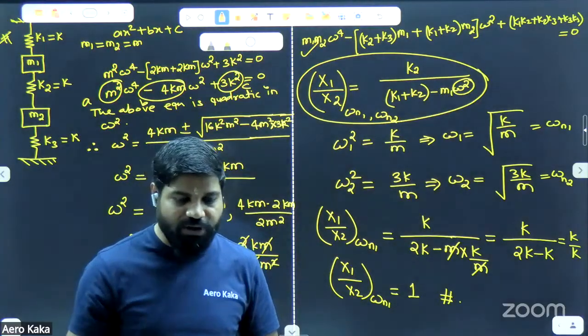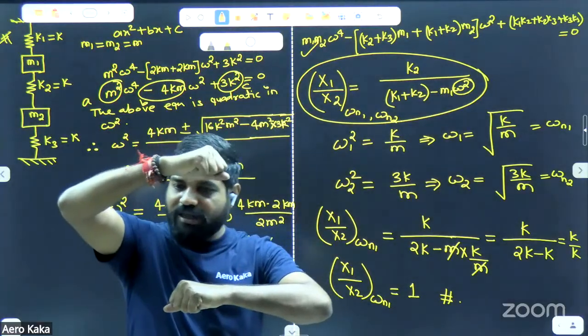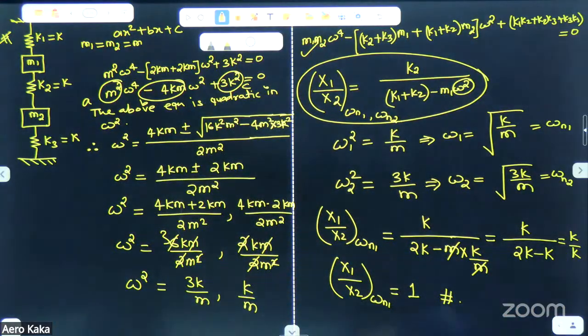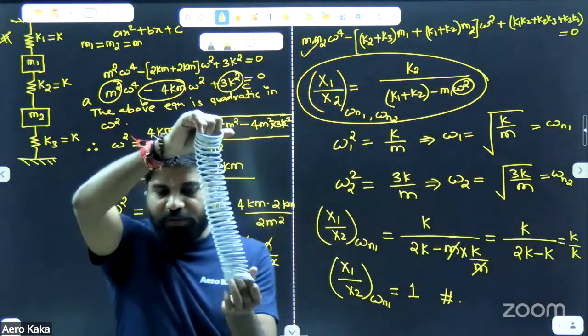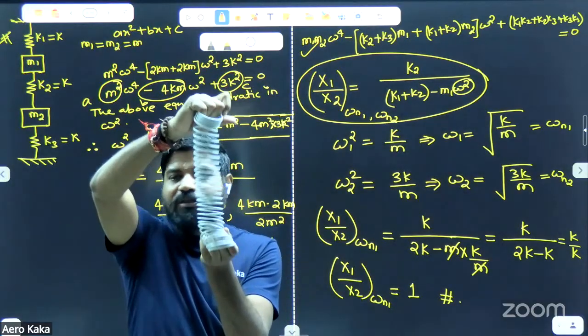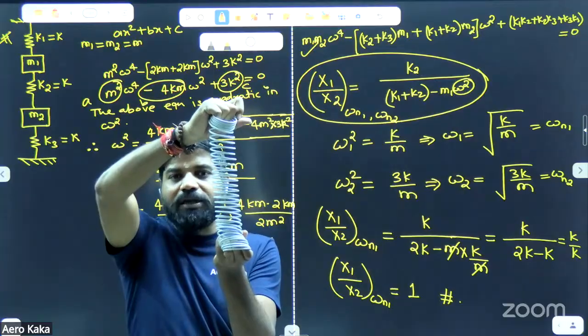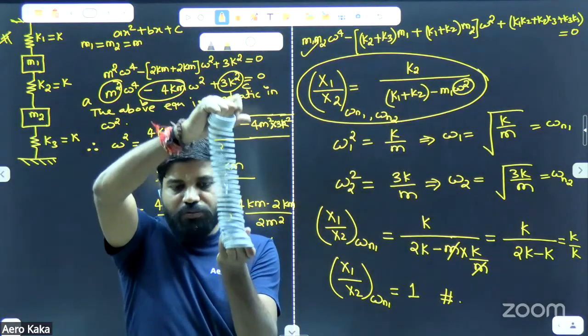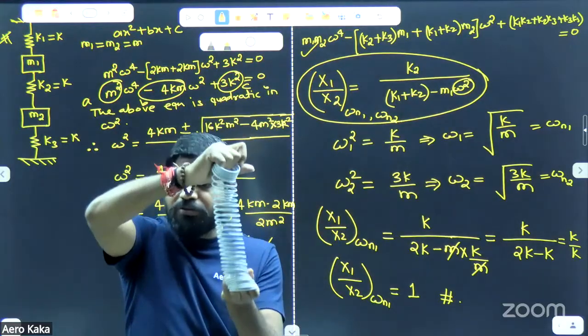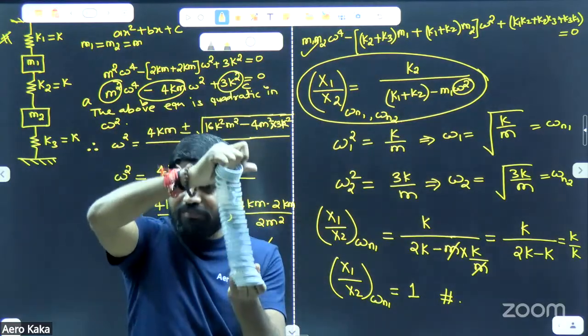What does in phase mean? Let's say this is the first mass m1 and this is the second mass m2, and these two masses are connected by the spring, which is K2. It means that if one mass is moving in the downward direction, then the second mass will also move in the same direction.